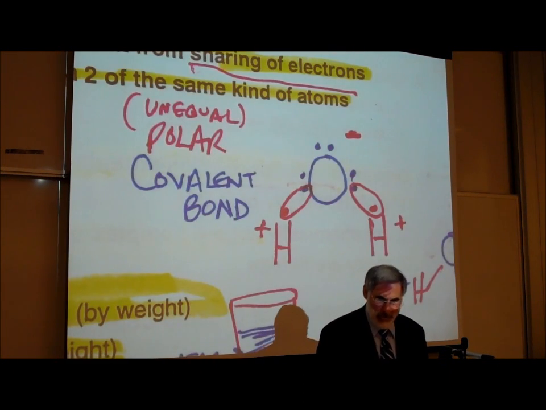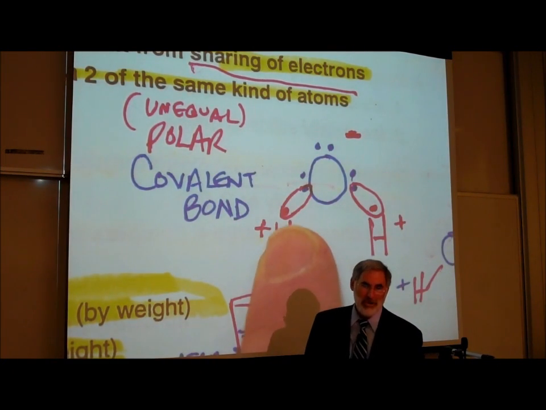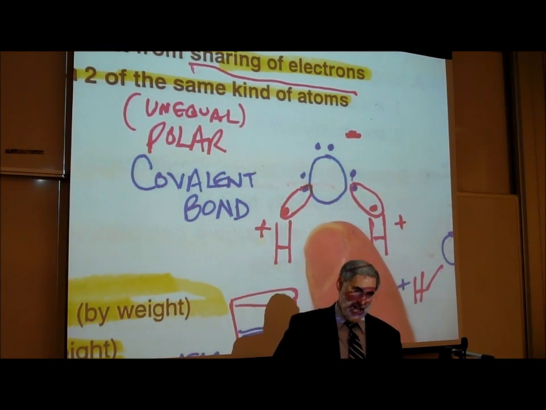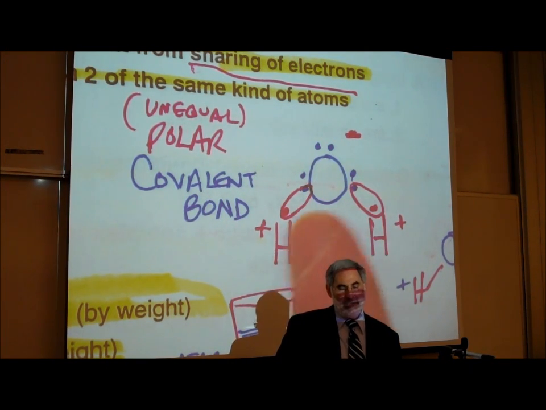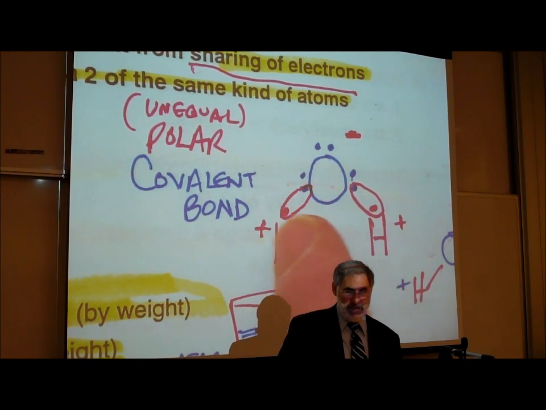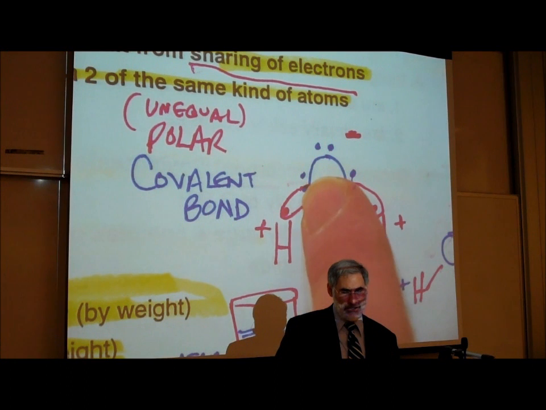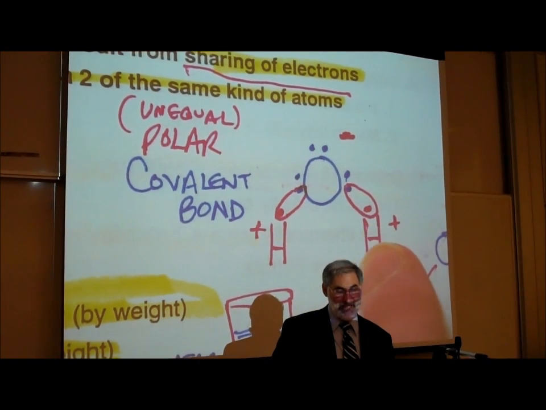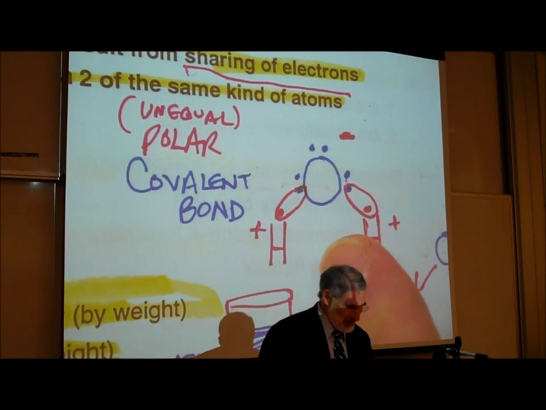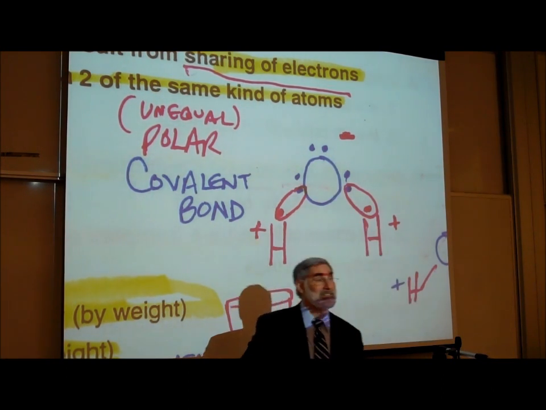So that's what's going on in a water molecule. Hydrogen wants to share its electron with the oxygen. Now think about this. If oxygen needs 2 more, it could get 1 electron from the hydrogen and another electron from this second hydrogen, so that it would have the total of 8 that it wants.